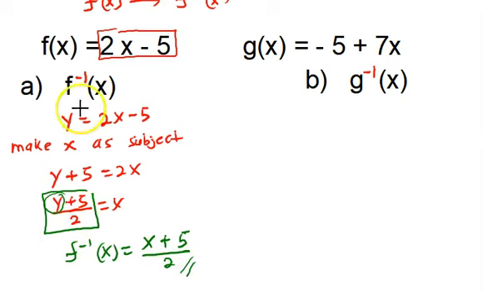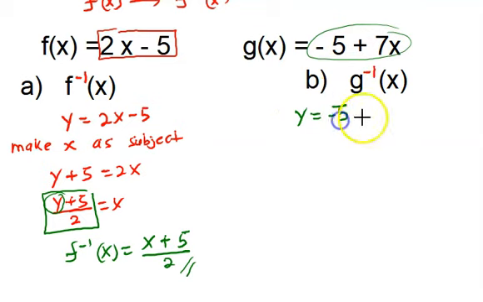Okay, let me repeat again with this question. Take the whole thing, make it y equals negative 5 plus 7x. Now make x your subject. So you have y plus 5 over 7. Okay, so you have already inversed.